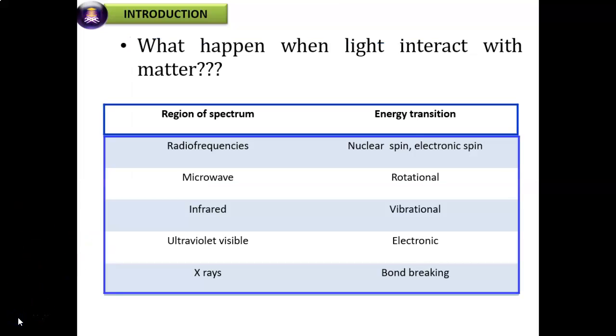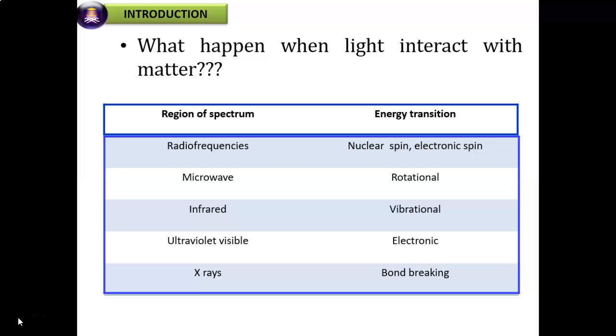What happens when light interacts with matter? First, we look at the region of spectrum in radio frequency and the energy transition in radio frequency. The atom will have nuclear spin and electronic spin. In microwave, when light interacts with matter, the atom will rotate in its place. For infrared, the atom will vibrate.